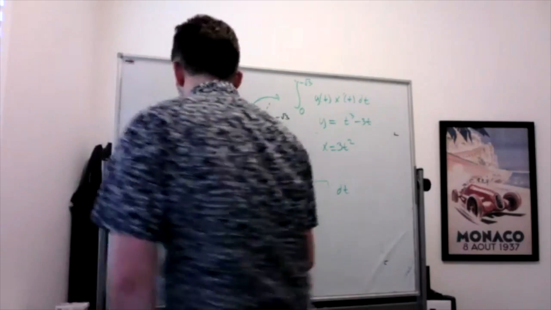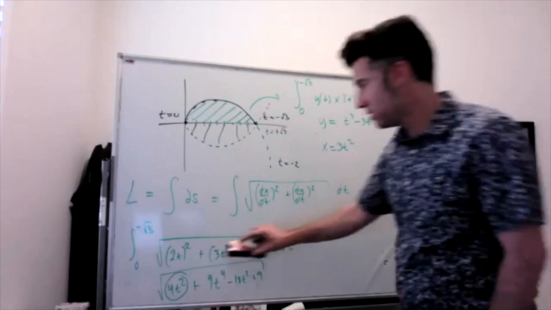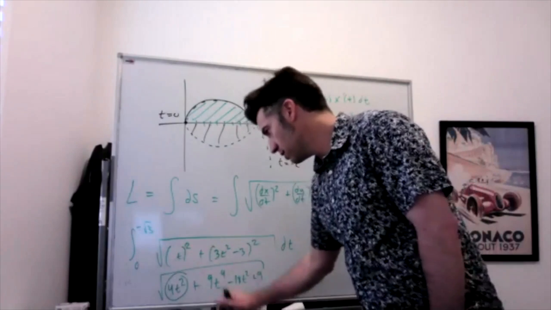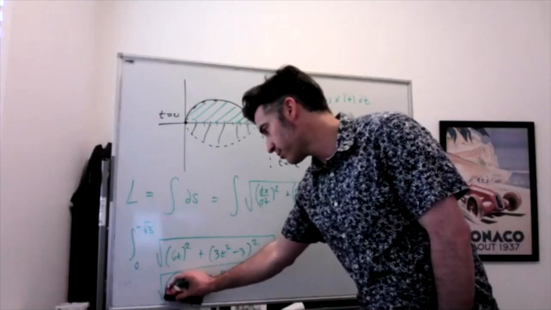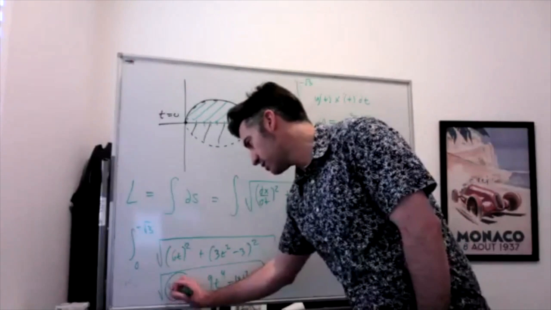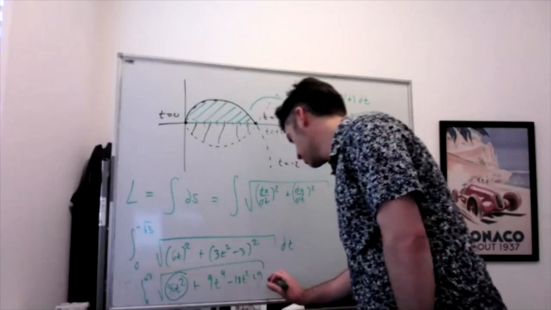So let's do this. Our dx/dt now, instead of being 2t, is 6t. And 6t quantity squared is 36t squared. Integral from 0 to √3 dt.